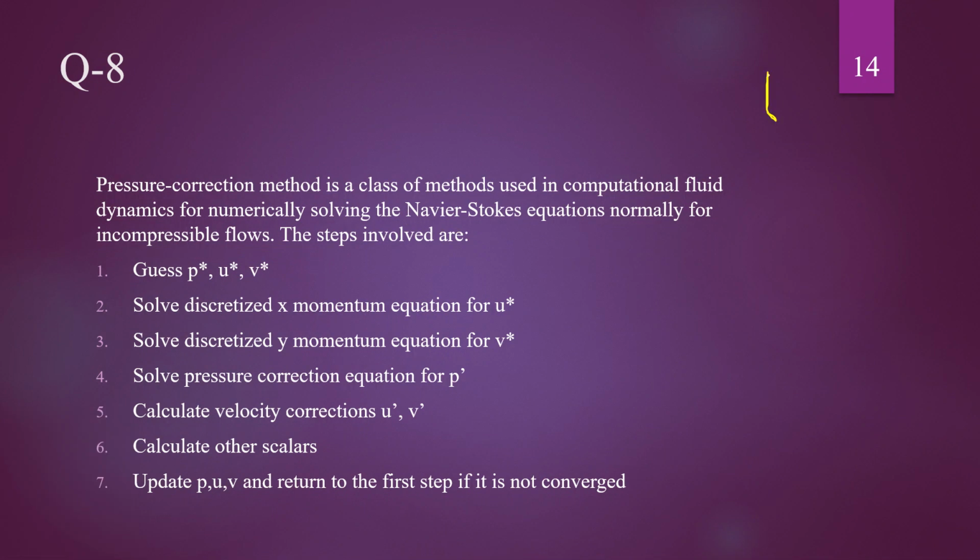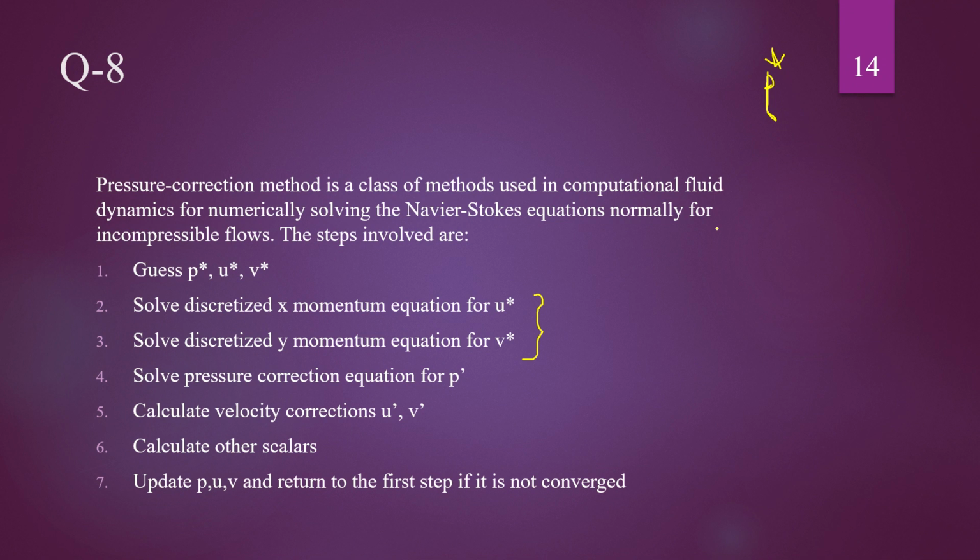First, we assume some initial values for P star, U star and V star, and then we solve the discretized x momentum equation for U star and the discretized y momentum equation for V star. With these U star and V star we would not be solving the continuity equation, because these are not true values, they are just guess values.